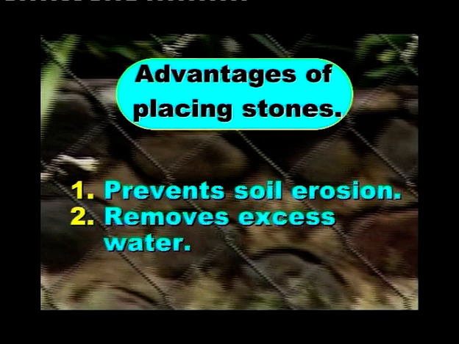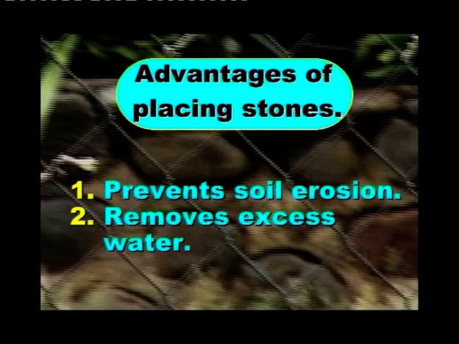So we have one, advantages of placing stones. One, prevents soil erosion. And two, it says removes excess water. Now, if stones are placed, when rain falls, a lot of the water can just fall on the stone and it's drained out.